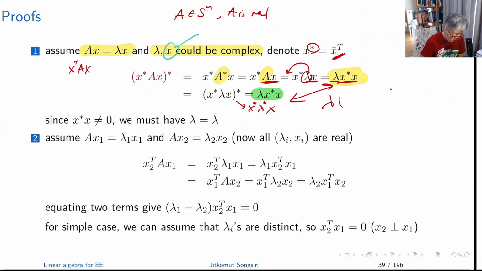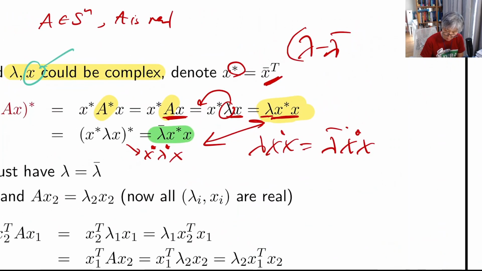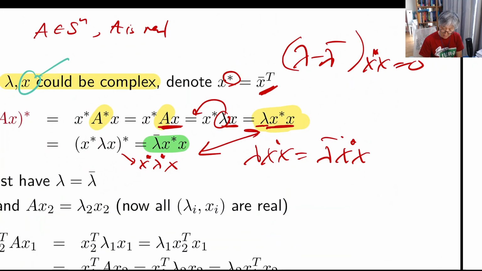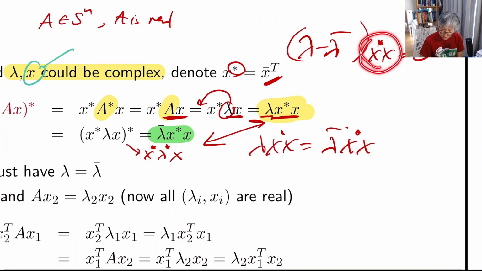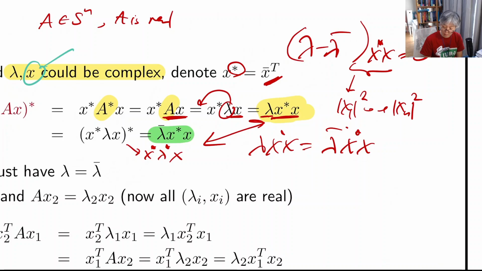And because when you match this guy, what do you get? So you get lambda minus lambda complex conjugate times x star x equals 0. All right? This term is never 0 because that is the sum of modulus of your entries in eigenvector.